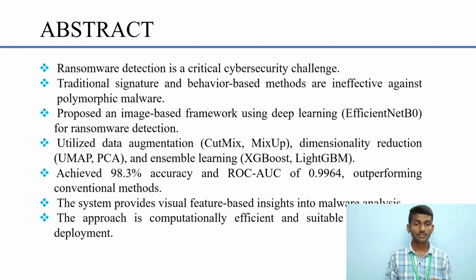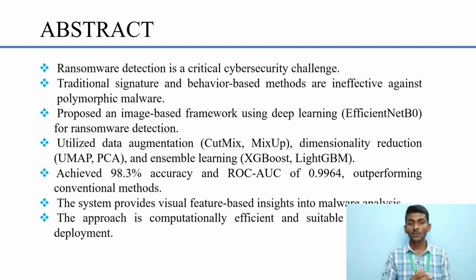Traditional signature and behavior based methods are inefficient against polymorphic malware. Now the malware is changing second by second, changing its shapes and types. So traditional methods do not even work to detect the latest malware. If we want to detect the latest malware, we need to implement new technology or new methods to prevent the PC from malware attacks.